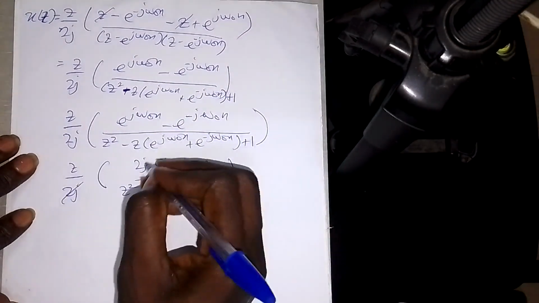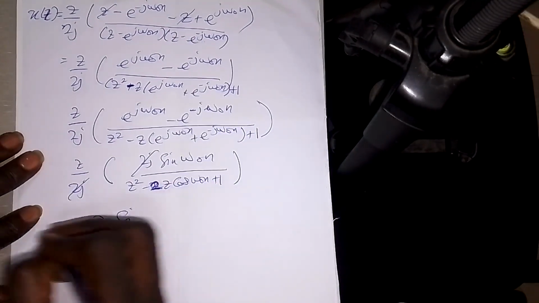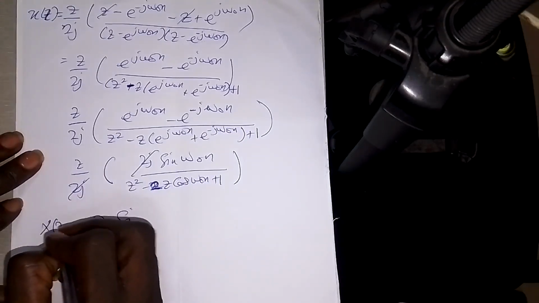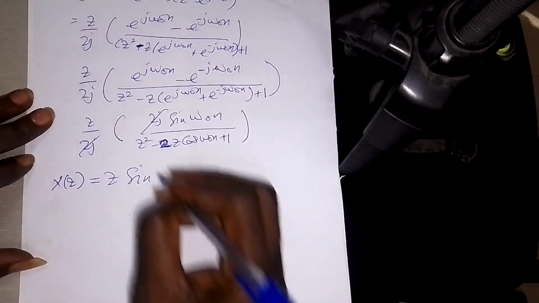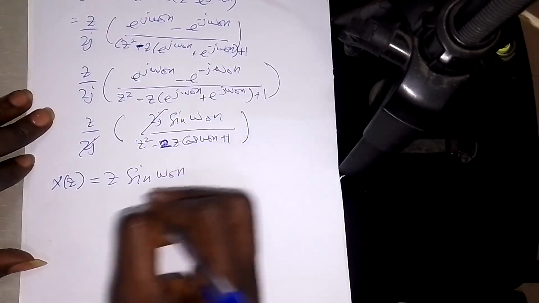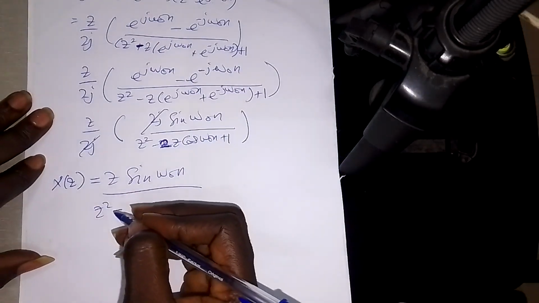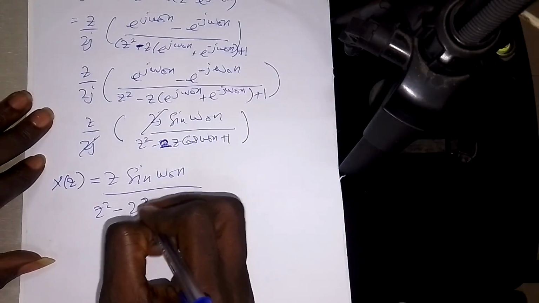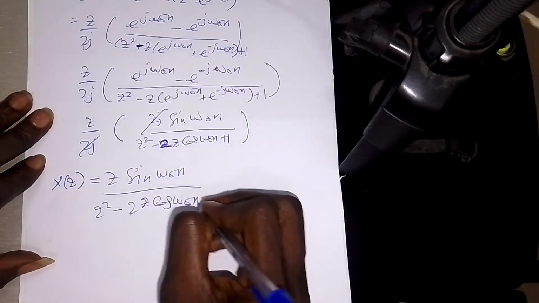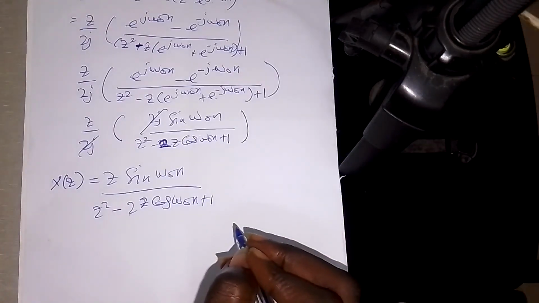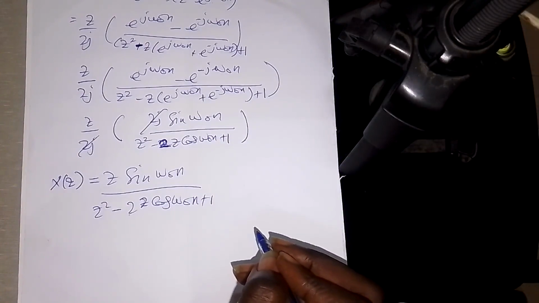Now 2j will cancel 2j, and then you're going to have Z sine. So X of Z is equal to Z sine ω₀n over Z squared minus 2Z cos ω₀n plus 1. Okay, so basically that is what you're going to get.